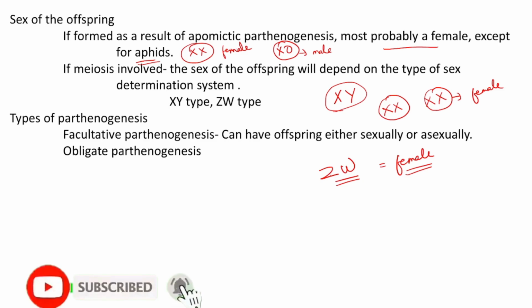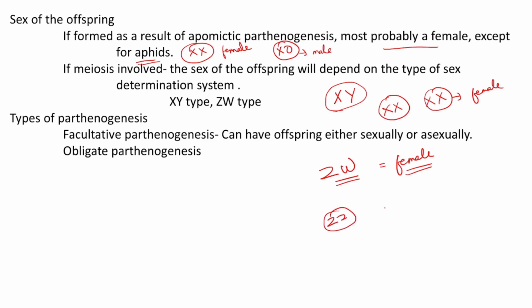As meiosis is also happening, the diploid state is attained through fusions between the haploid cells. So there is a chance to have ZZ combination, ZW combination, and also WW combination. ZZ can develop into a male and ZW can develop into a female.